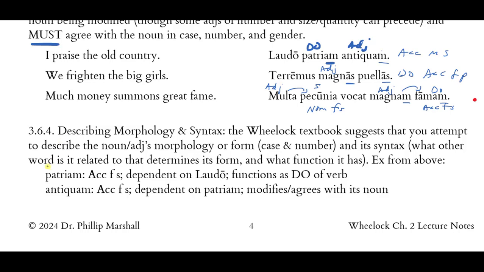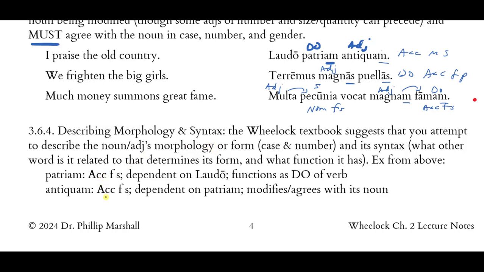So I'll just give you two examples here from above. Patriam, in our first sentence, is an accusative feminine singular noun. That's describing its form, its morphology. It's dependent upon the verb laudo because it's the object of laudo, and it functions as the direct object. Those things are describing the syntax, its relationship to other words that might determine why it's in the form it's in.